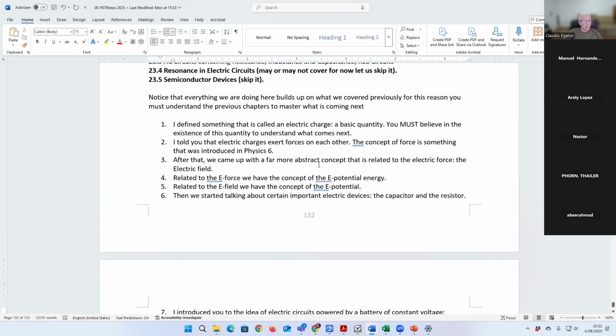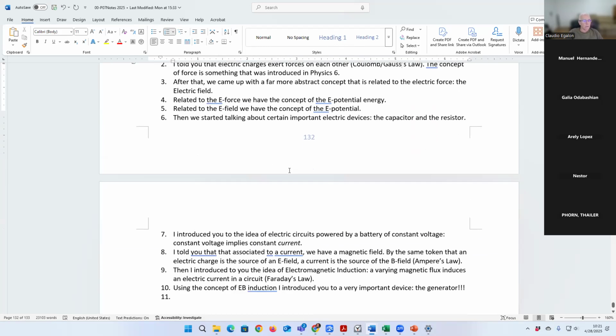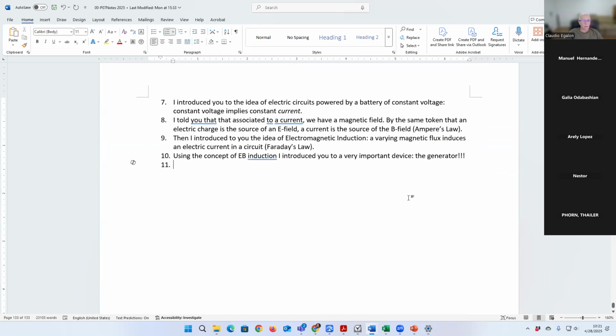Here at the top is Coulomb's law. There is one more law that we didn't give a name to, but it's the Gauss's law for the magnetic field. Coulomb's slash Gauss's law. 1, 2, 3, 4, 10. 10 concepts so far.